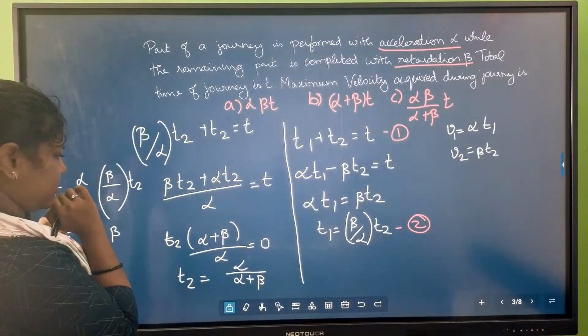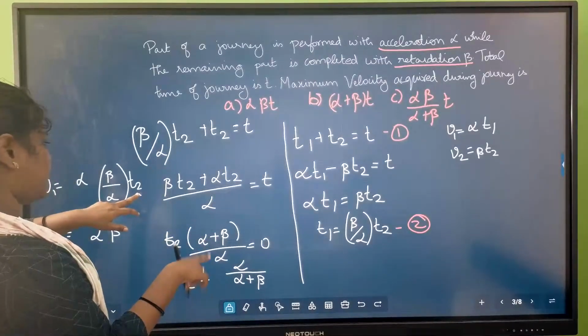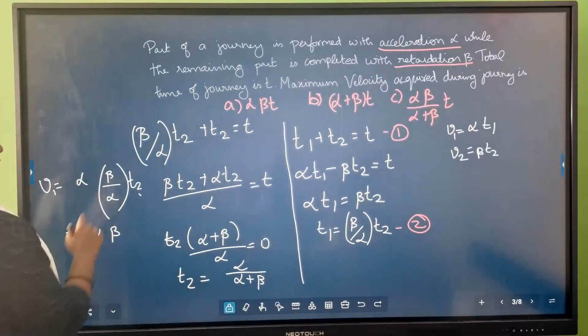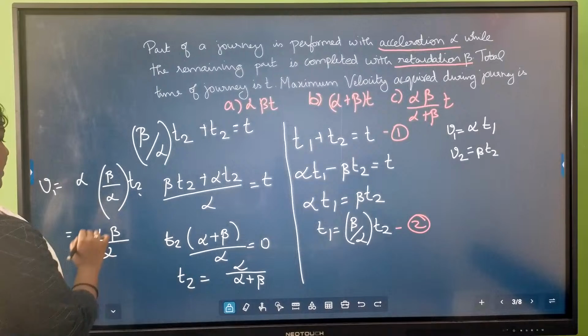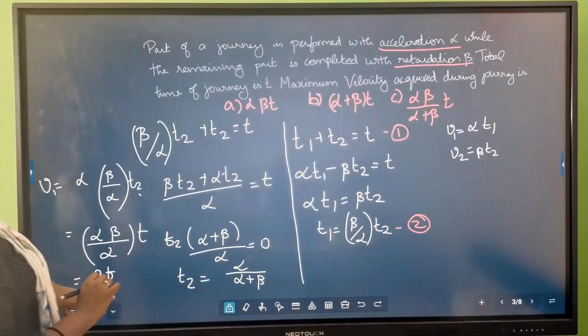You can also substitute for T2. So alpha beta divided by alpha into T2. So it will be beta T. This will be your maximum velocity for V1.